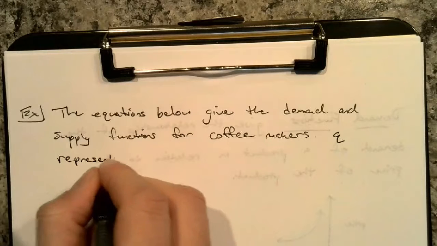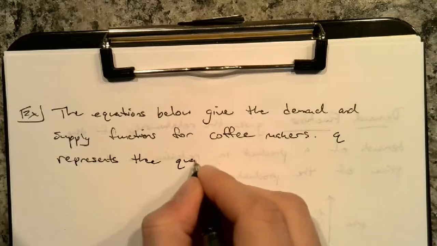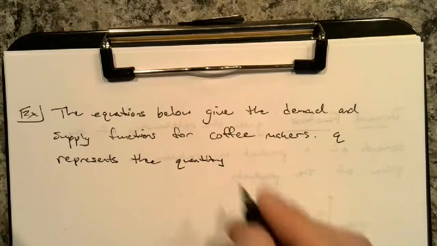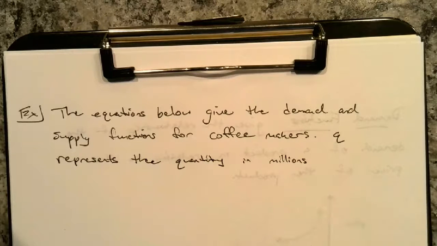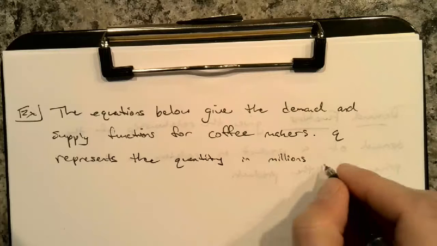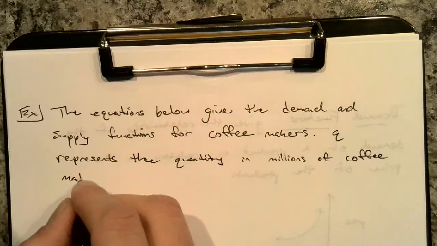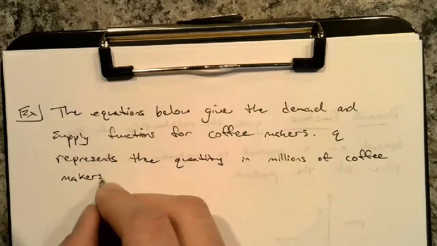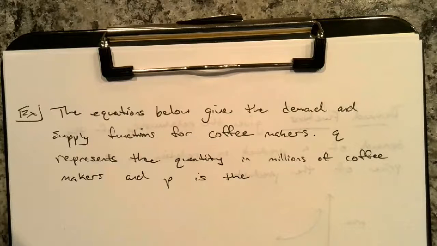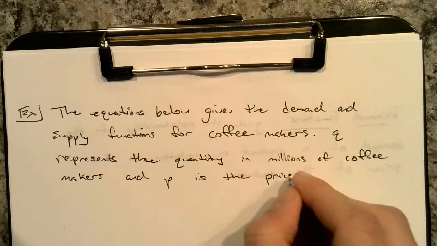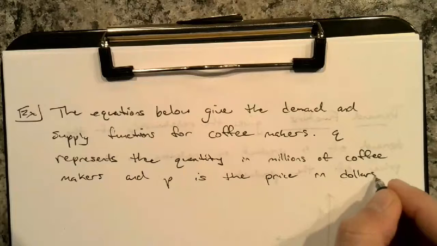Q represents the quantity in millions of coffee makers, and P is the price in dollars.